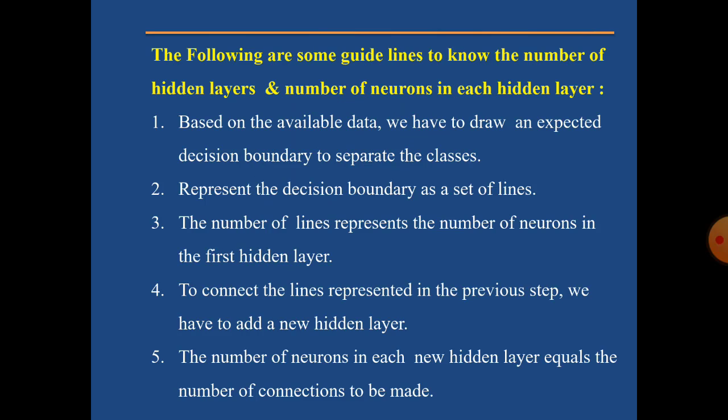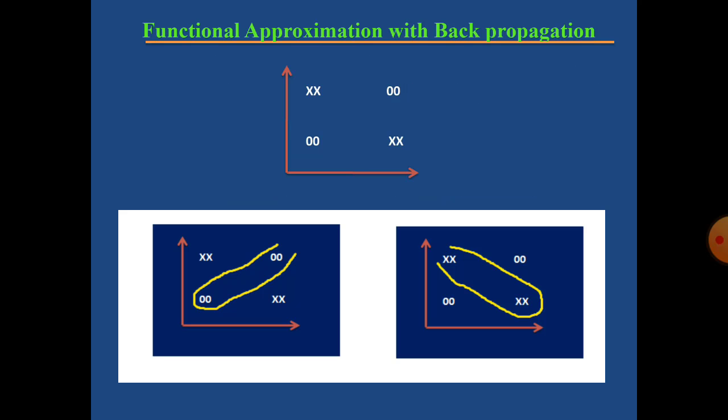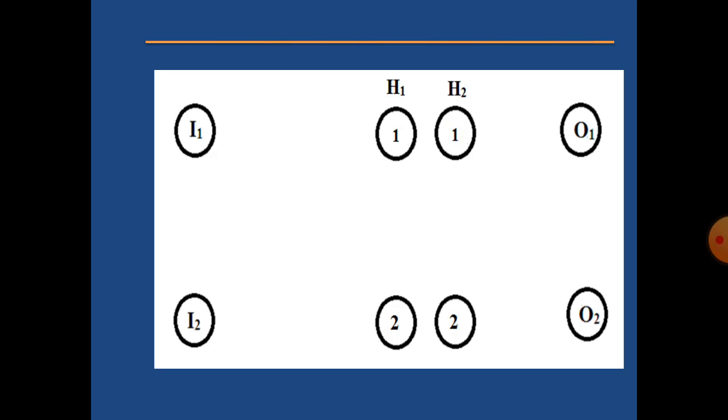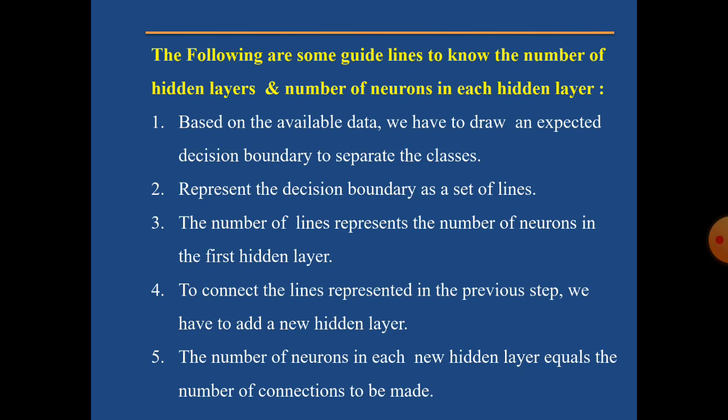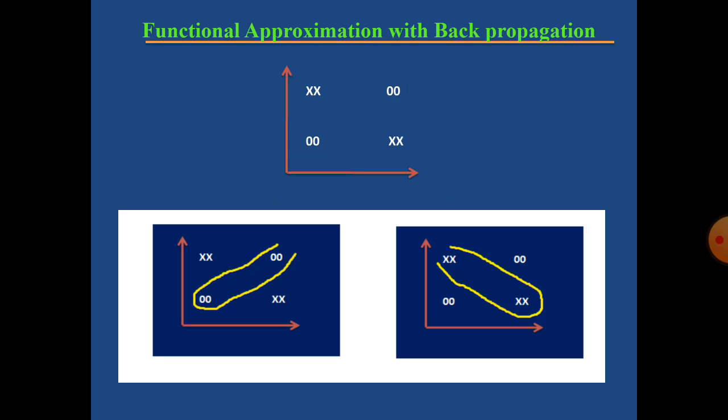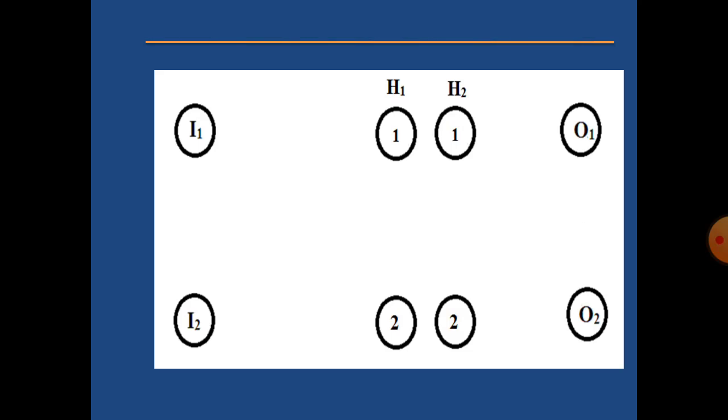So now we have added a new hidden layer. Let us suppose this is the new hidden layer, and the number of neurons in each new hidden layer equals the number of connections to be made. So here also we should have two hidden neurons. As we have two neurons in the first hidden layer, in order to make the connections, we are including two hidden neurons in the second or new hidden layer also.